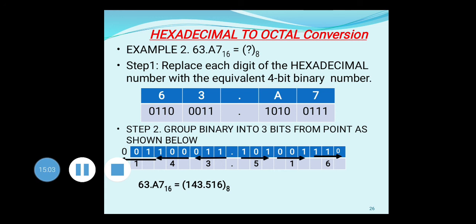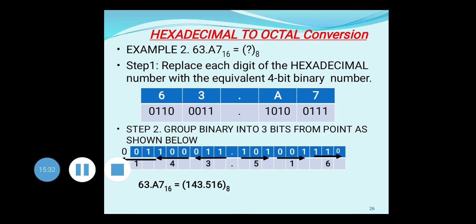So you are going to represent each digit with 4-bit binary. 6 is represented as 0110. 3 is represented as 0011. A is represented by 1010, and 7 is represented by 0111, and the point is as it is.